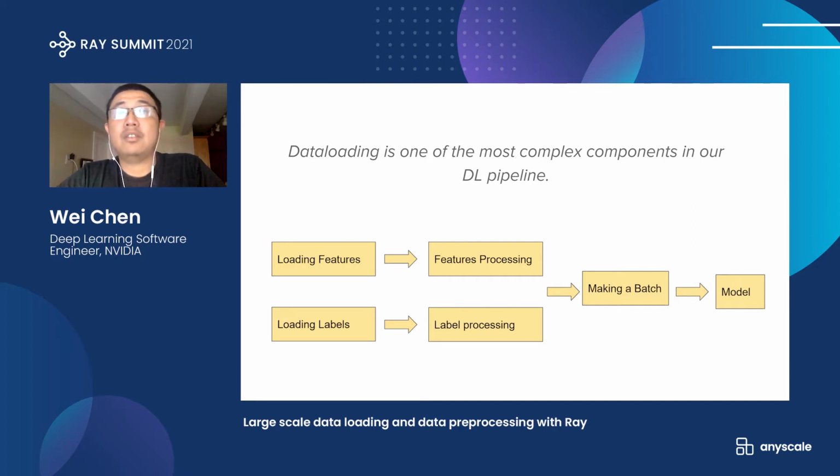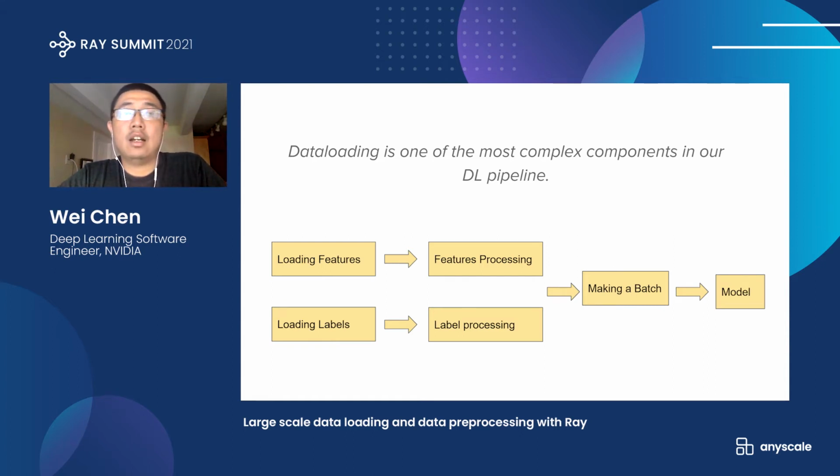Let's take a computer vision task as an example. For the most basic classification task, the feature could be the images, and labels could be the class IDs for the images. So for feature processing, it could be some augmentation processes, like rotating the images, flipping the images, or cropping the images, so that the different images can be the same size and can be made into a batch.